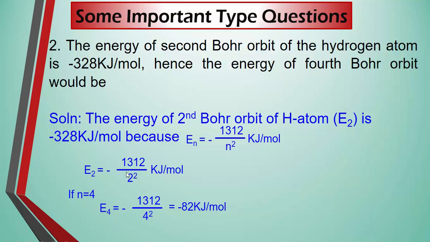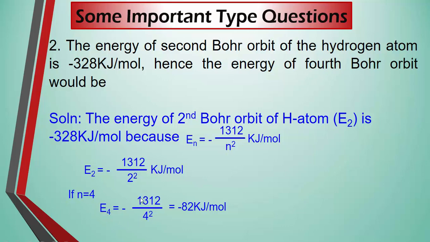So if you calculate this, you will get the value as minus 328 kilojoule per mole. Minus 328 kilojoule is the value of E2 that is given to us. In a similar way, what they want us to find out is the energy of the fourth orbit. So directly we put the value of n as 4 and then we can proceed with the calculation.